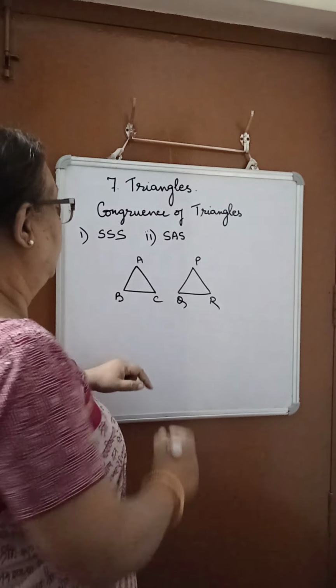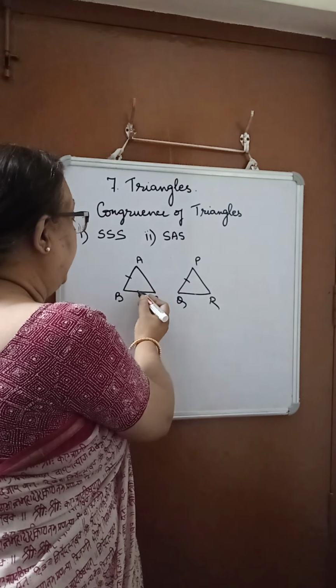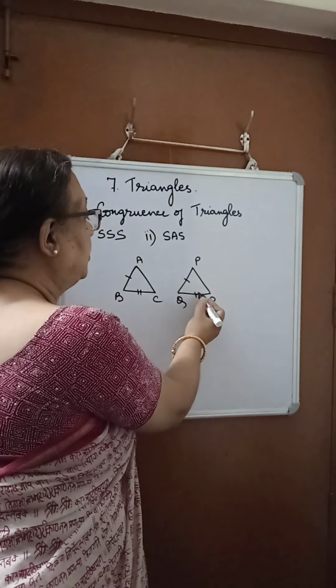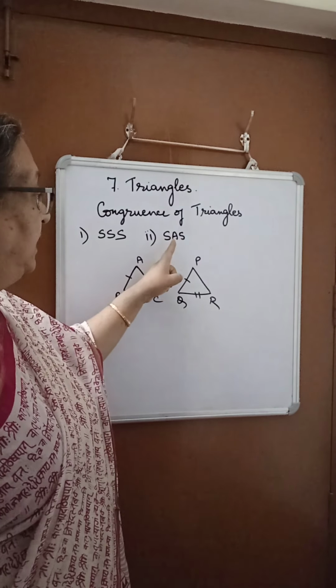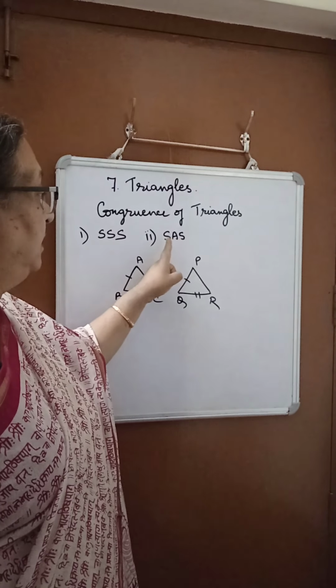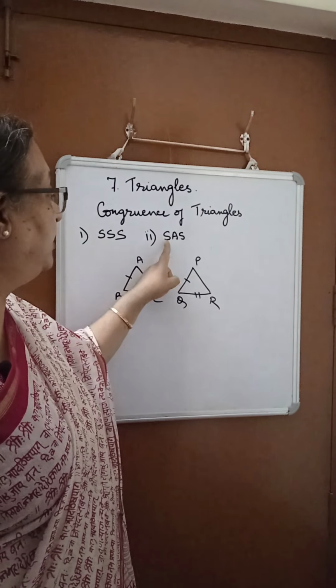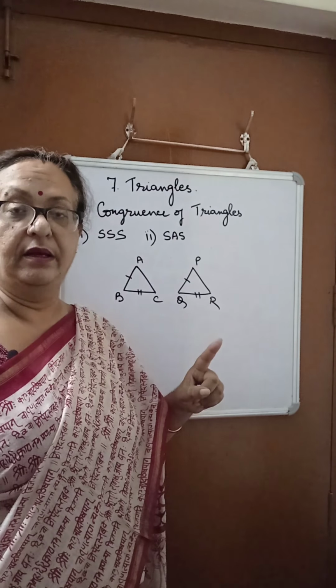Suppose this AB is equal to PQ. Another side BC is equal to QR. And what about the angle? Now see here, this angle is between the two sides. We call it included angle.